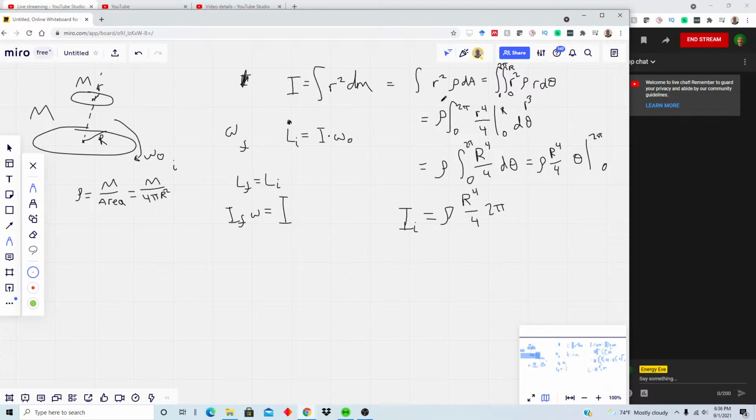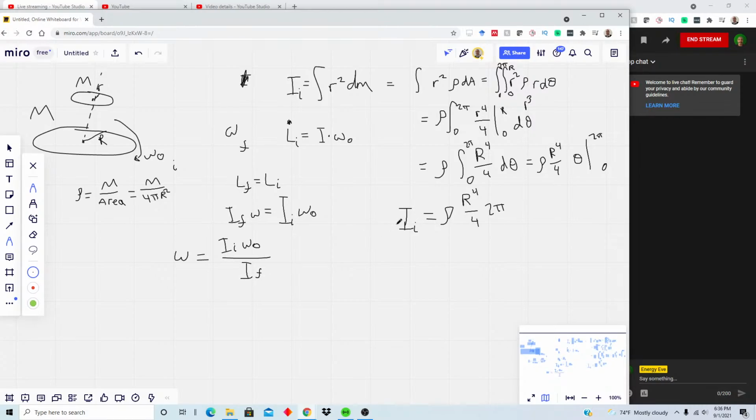So this I initial that we're calculating, we calculated times omega naught, and what we want to solve for is this. The way we solve for it is by solving for each of these components.